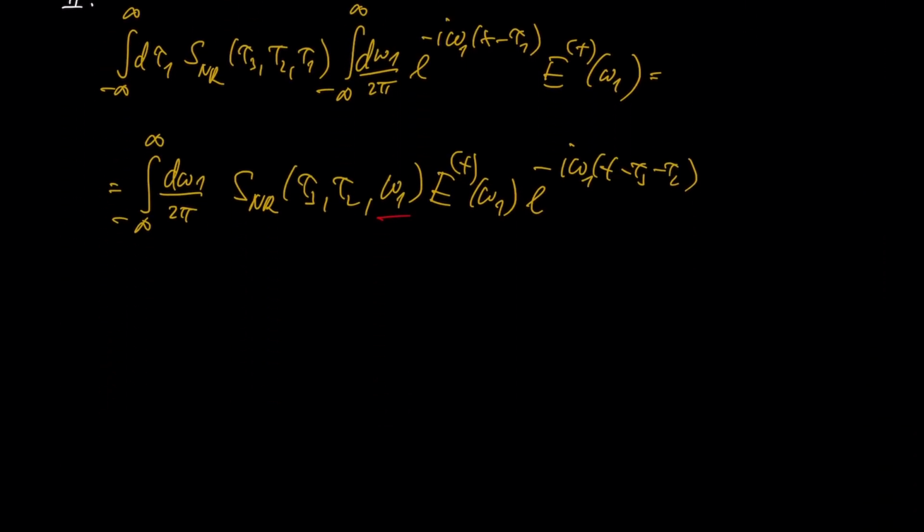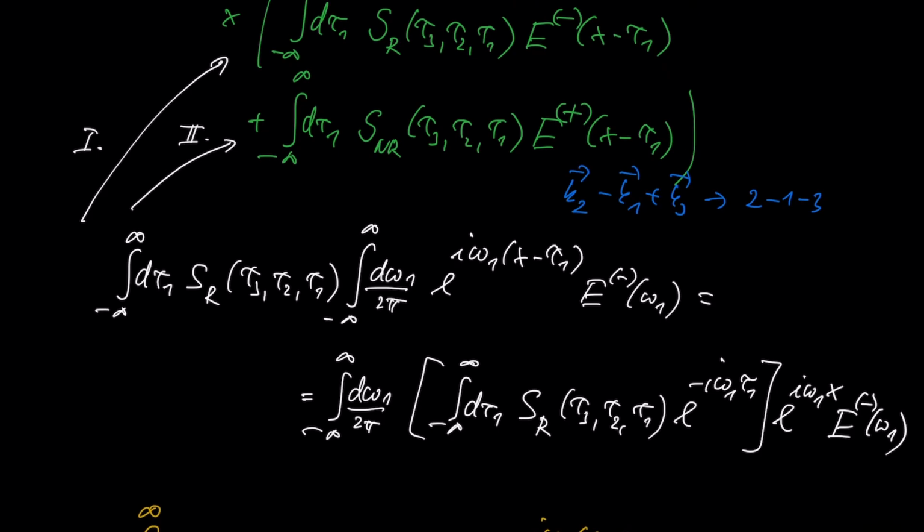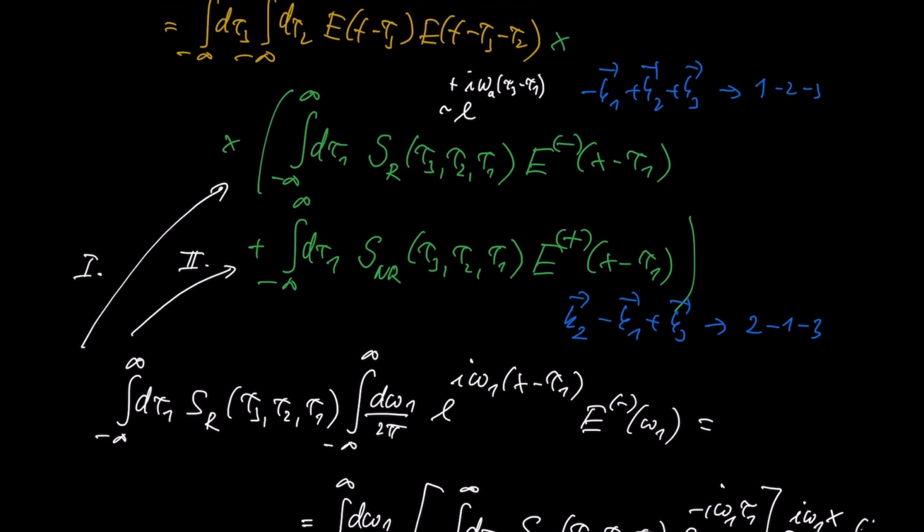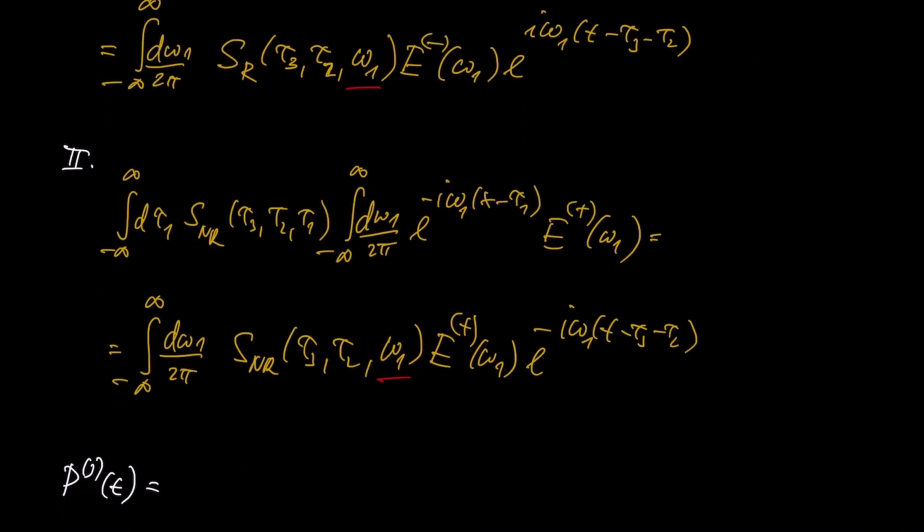So for P3, in our next step, we want to handle the integration over tau 2. So we think about the order of the pulses and how they are supposed to contribute. Looking here, for instance, we can see that the next contribution should be the pulse with E plus, and here in the non-rephasing part there should be a contribution with minus frequencies.